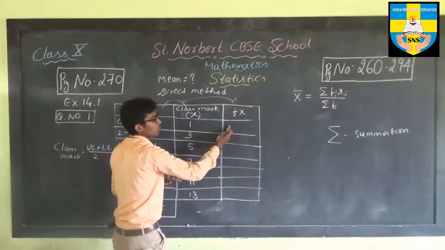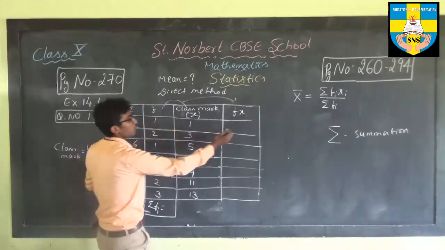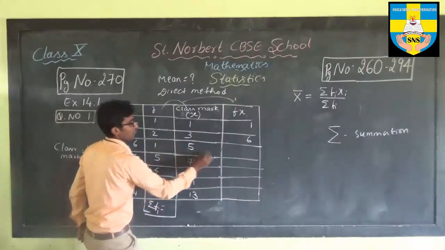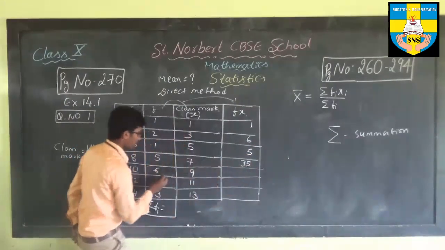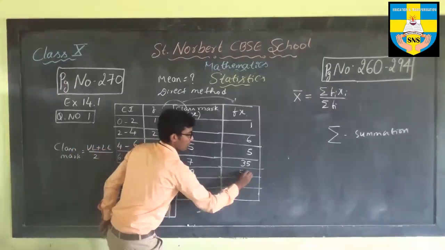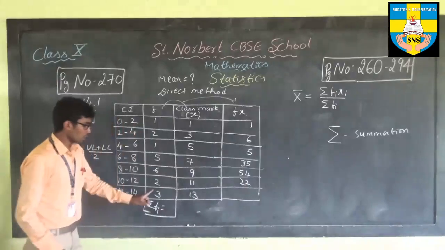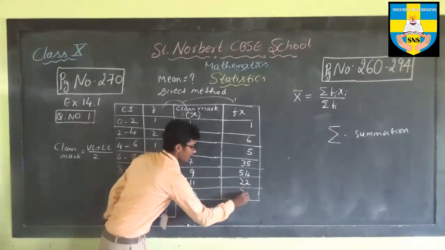No need to write 1 into 1 inside the table; you can directly write the product. 1, 2, 3s are 6, 1, 5s are 5, 5, 7s are 35, 5, 6, 9s are 54, 4, 2, 11s are 22, 3, 13s are 39.